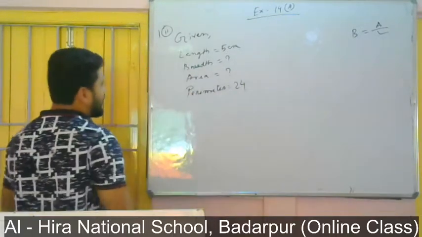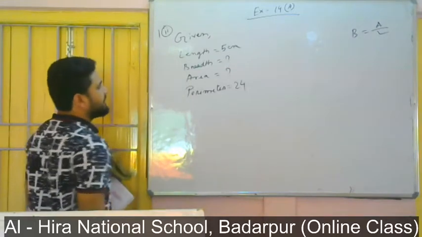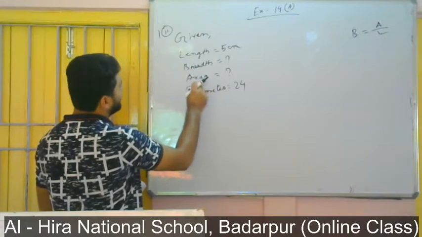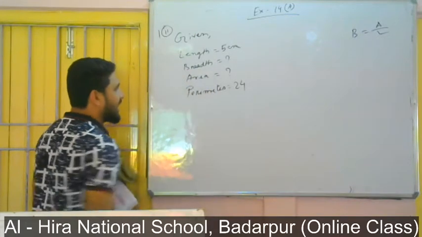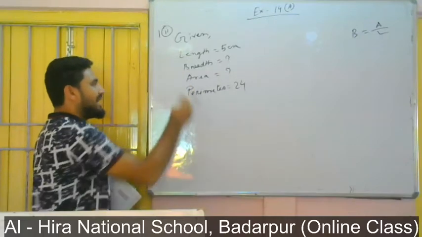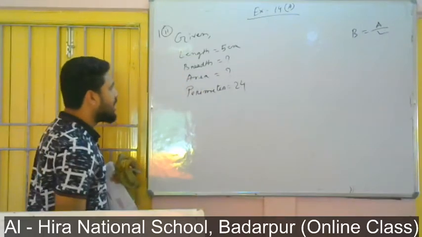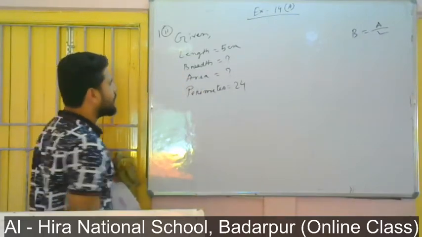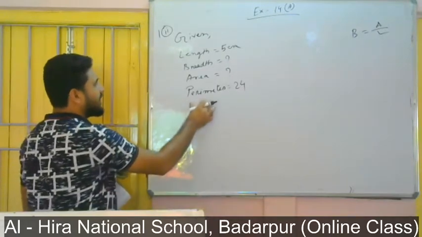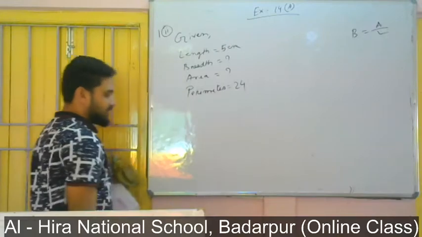For finding breadth we need to take the help of area, because we know breadth equals area by length. But area is not given, so we will take the help of perimeter, and with the help of perimeter we can find breadth.